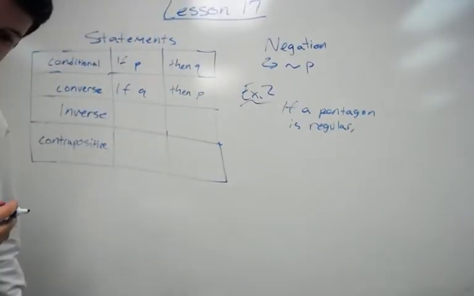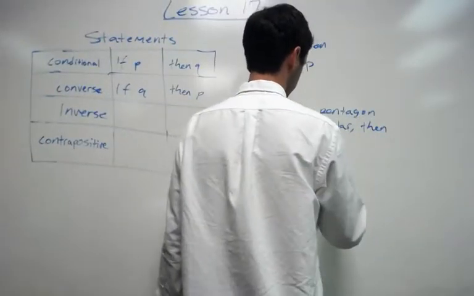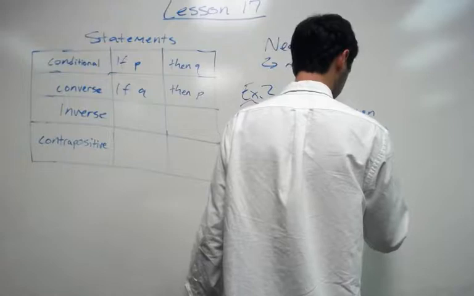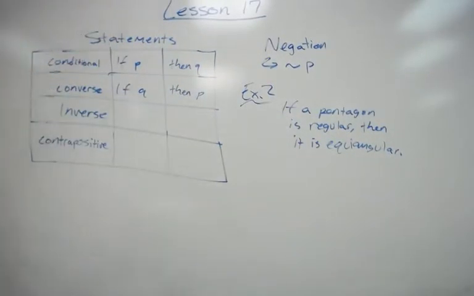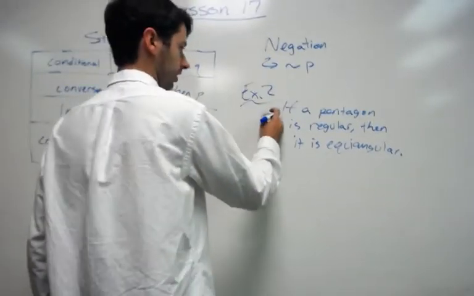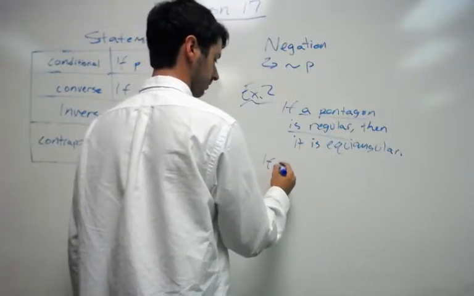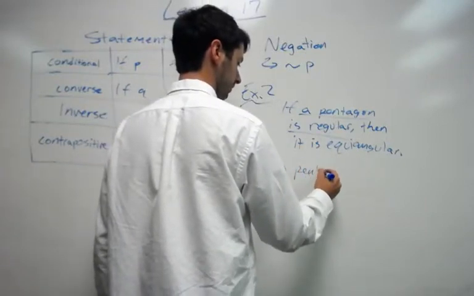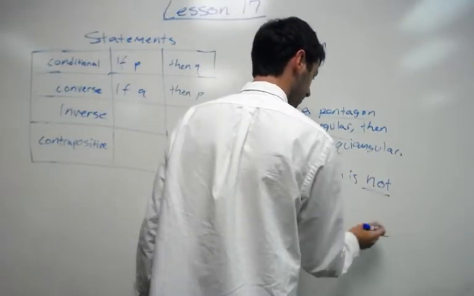then it is equiangular. Okay? That is our conditional statement. If it asks us to write the negation of each statement, well, the negation of this statement would be, if a pentagon is not, there's a key word, regular.